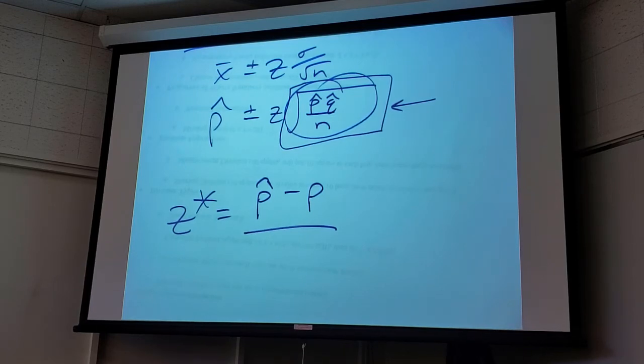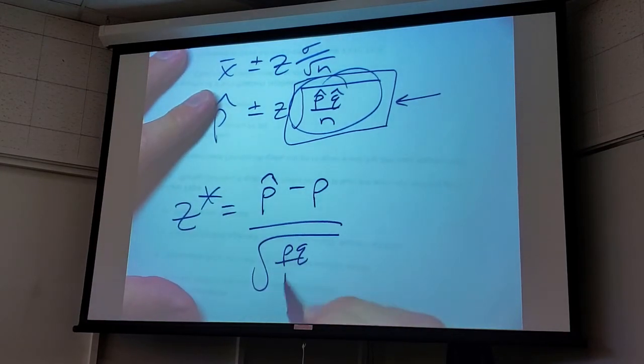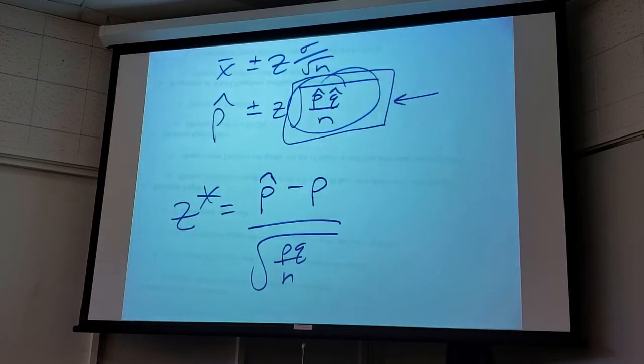So we're not going to use the hatted ones down here because we're assuming that this is the right one. So on that fourth step, we're still going to calculate a Z star. We're just going to use the formula that's got percentages in it.